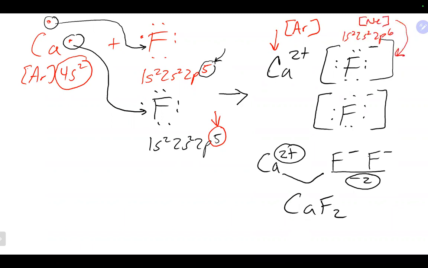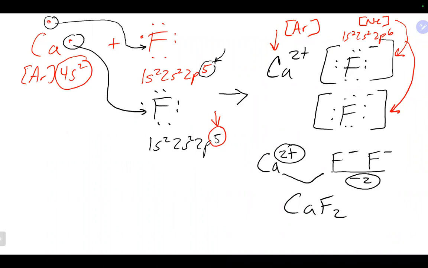So this fluorine got to neon, and this fluorine got to neon as well. So all three of those guys, by losing and accepting electrons, all got to basically noble gas configuration.